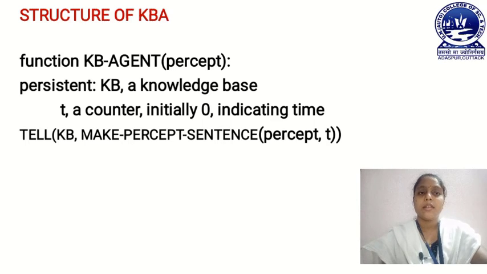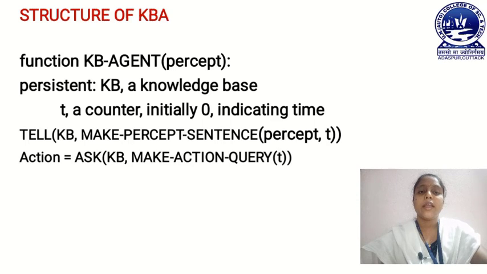Then next, the ask operation calls the make action query function, which returns a sentence to the knowledge base asking what action should be performed, and that action is stored in action.